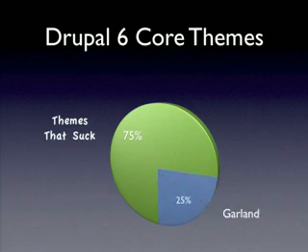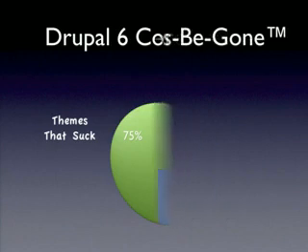And the other 25% were Garland. So in D7, we completely revamped that. Crappy themes, be gone. We looked at this as a usability issue, and also they just made us look bad. People were downloading Drupal and they were seeing crap.